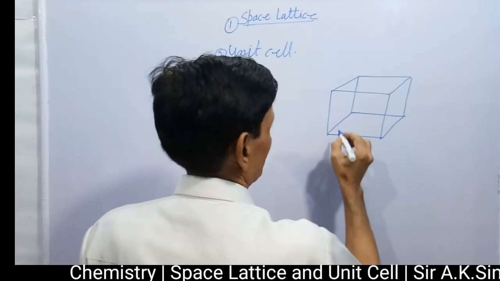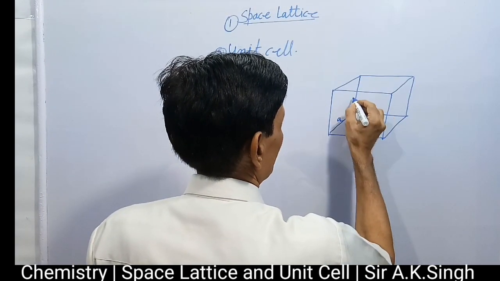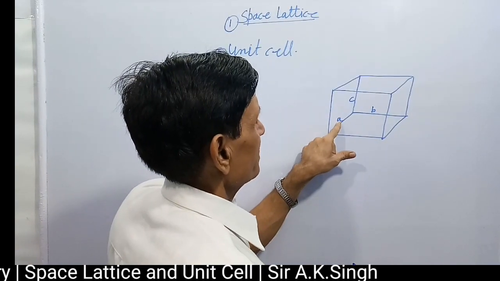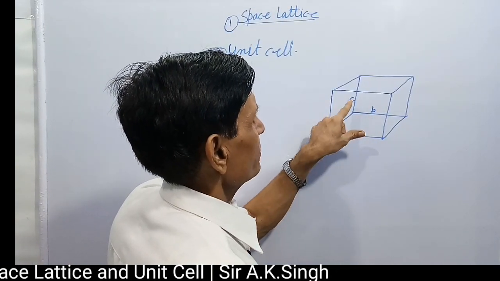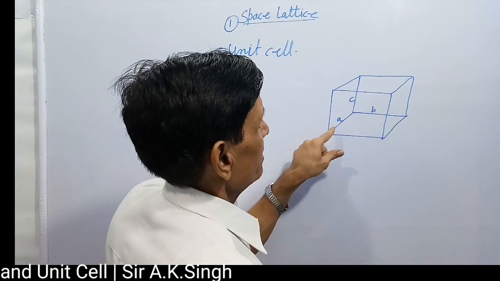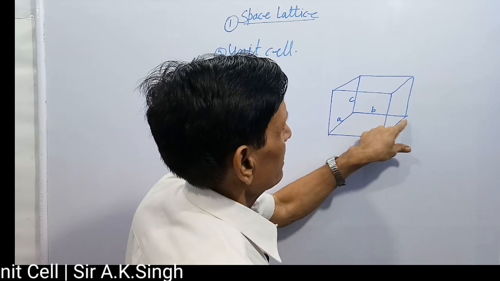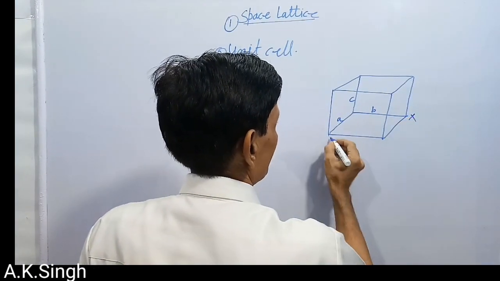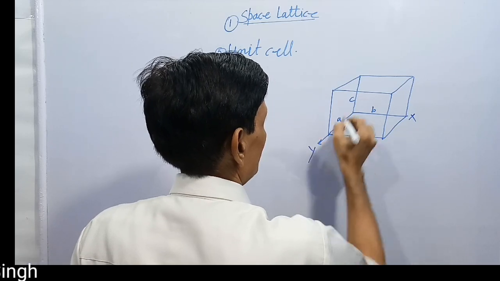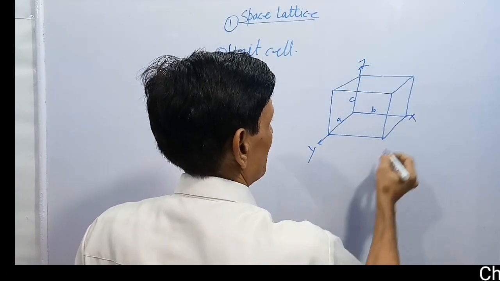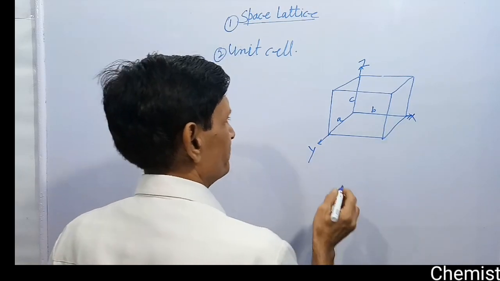Edge lengths represented by a, b, c. And these edge lengths are along the three axes X, Y and Z.